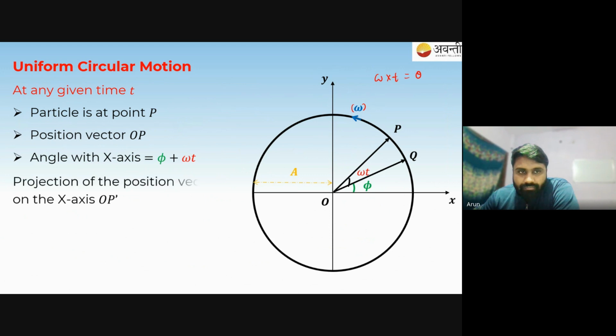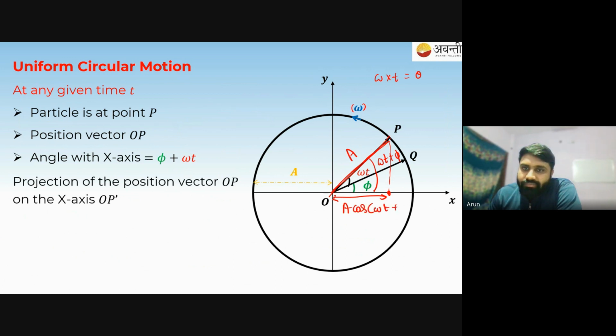Now what you can do is take this OP and resolve it into two directions, one along the x-axis and another along the y-axis. This total angle is omega t plus phi. This length is a. So the component on the x-axis will be a cos(omega t plus phi).